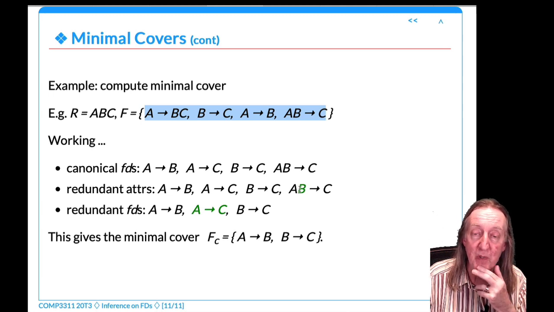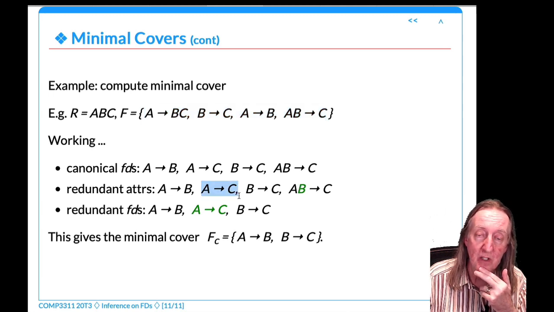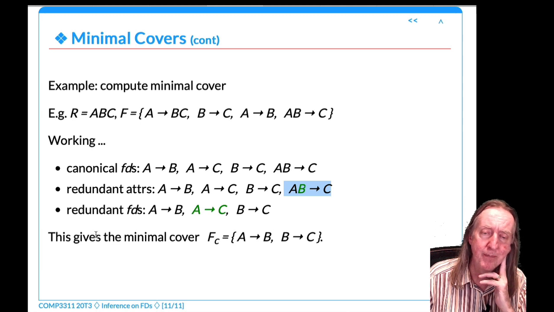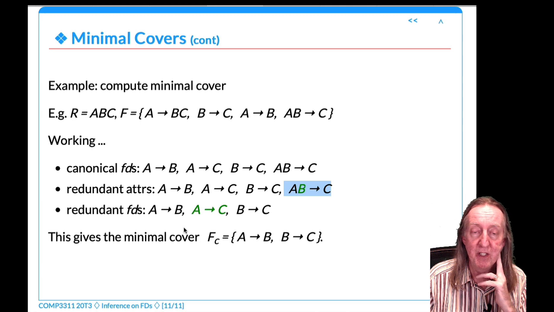And having removed B, once again we've got two copies of the same functional dependency, so we only need to keep one of them.